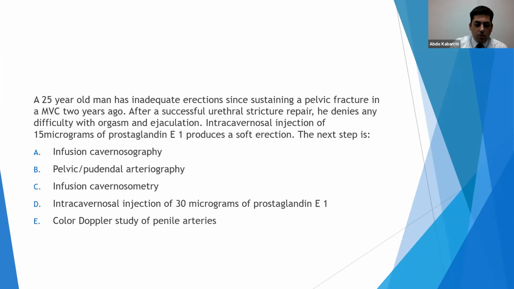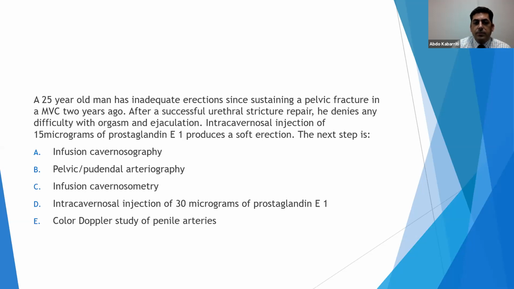All right, a 25-year-old man has inadequate erections since sustaining a pelvic fracture in a motor vehicle accident 2 years ago. After successful urethral stricture repair, he denies any difficulty with orgasm and ejaculation. You do an intracavernosal injection for his erectile dysfunction, and that produces a soft erection.